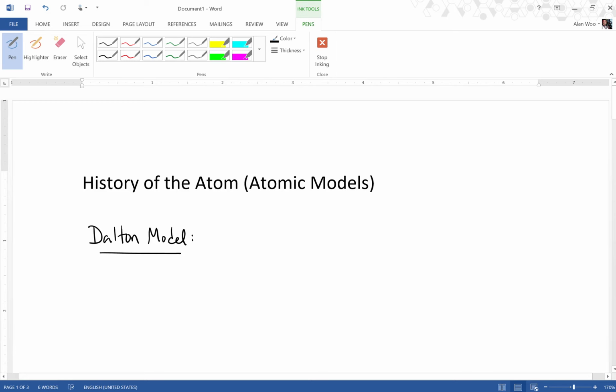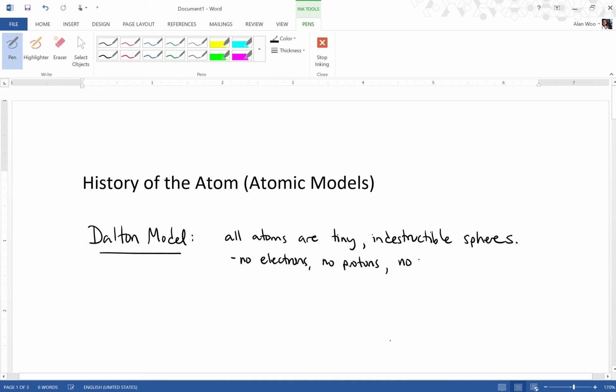So the first model of the atom is fairly simplistic. Basically, all atoms are tiny, indestructible spheres, and back then there was no such thing as electrons, there's no protons, and there were no neutrons.